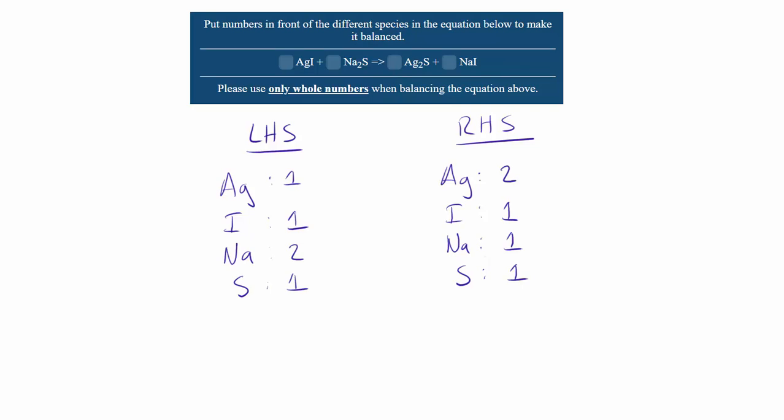If we wanted to get that balanced, we would need to modify, in the first instance, the AgI, putting some sort of coefficient in front of it to balance with the right hand side. So I'm going to approach that by putting a 2 in front of the AgI on the left hand side, and seeing what we get out of that, and then looking at the subsequent steps.